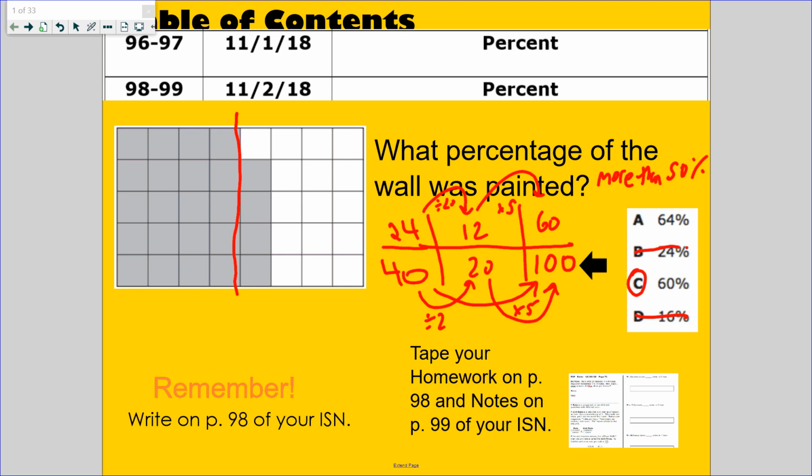Another way you could have simplified 24/40 to 3/5. 3/5 is equivalent to 60%. Another way you could do is divide by 4, and you actually would get 6/10. And 6/10 is the same thing as 60%.